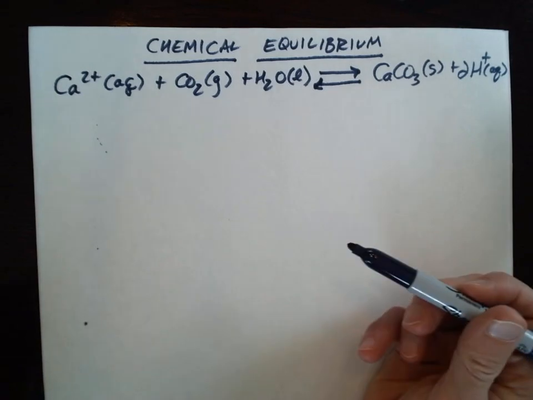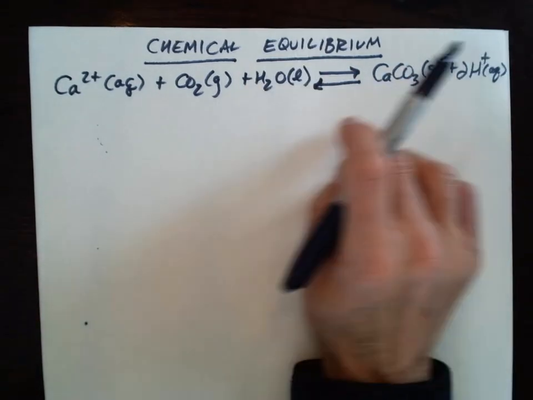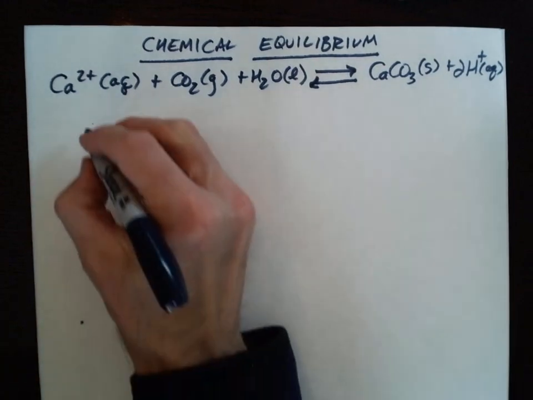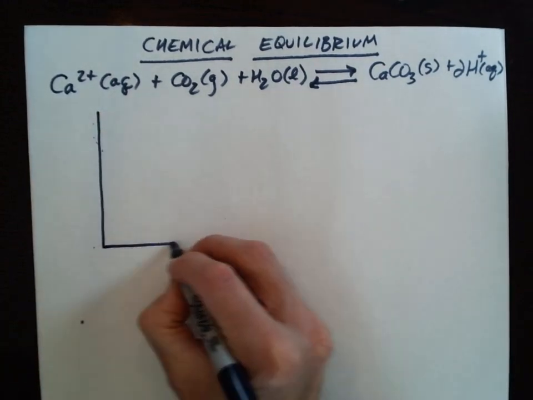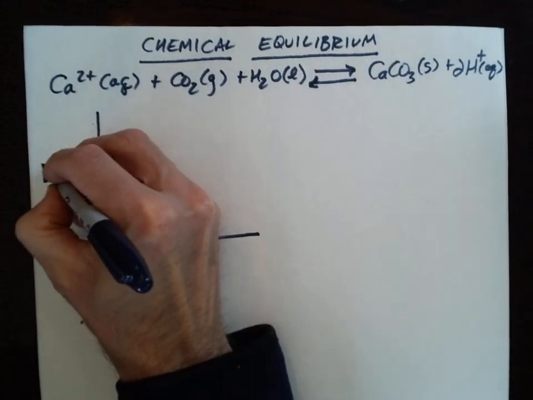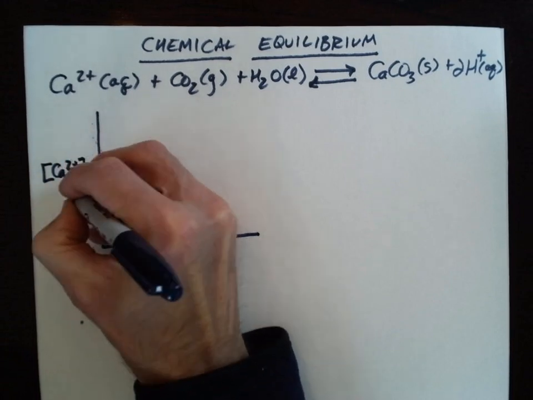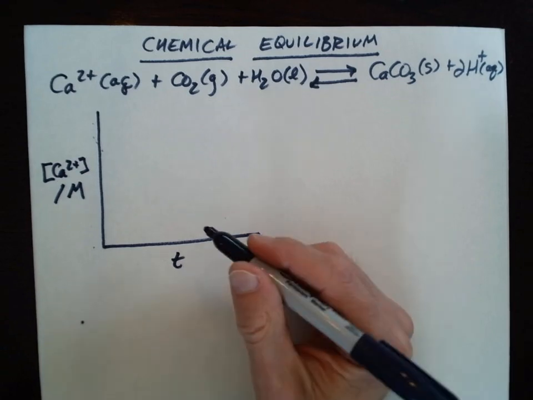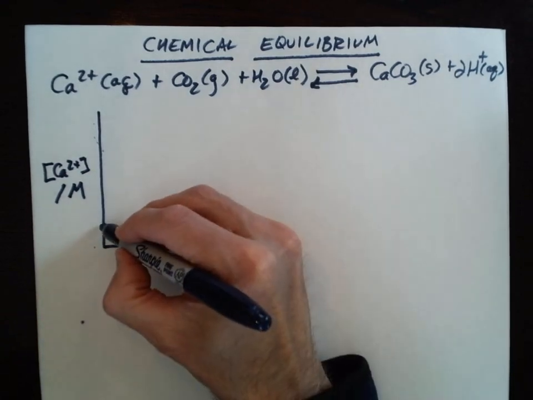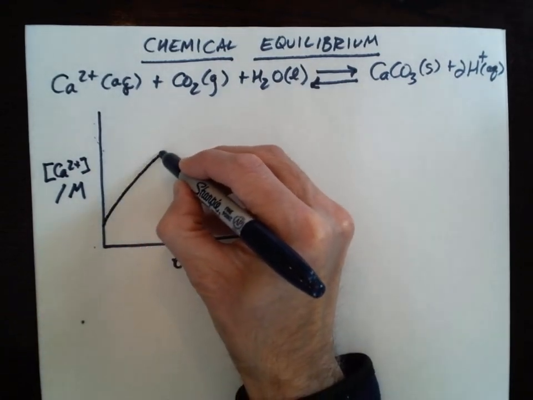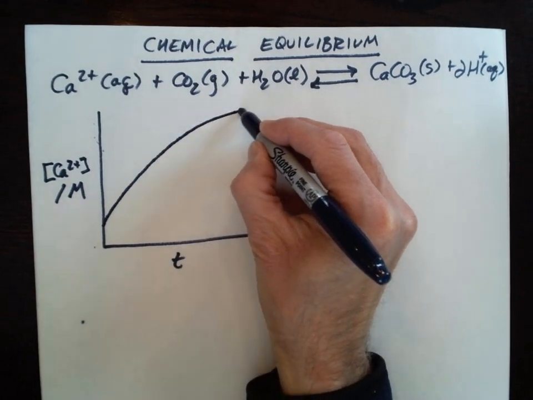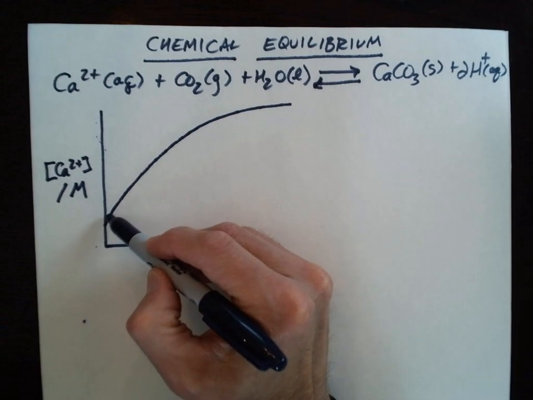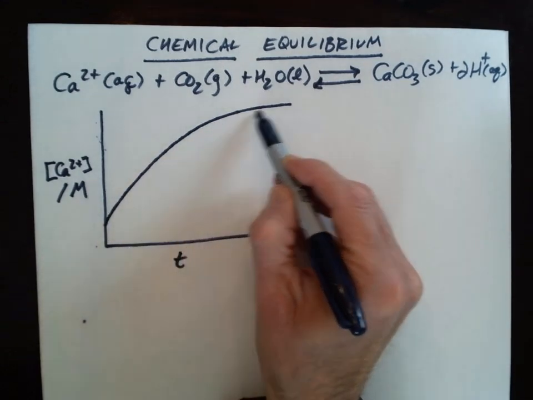So how do we tell which of these two reactions is happening more quickly, the one in the forward direction or the one in the reverse direction? Well, what we could do is set up a system where we were monitoring the concentration of calcium ion in units of molarity with time. And if we were to see the concentration of calcium ion grow as the reaction proceeded, of course it would slow down as time went on, we'd be able to say, all right, the concentration of calcium ion is getting larger.